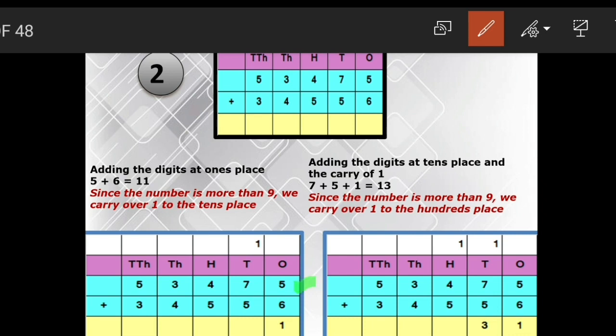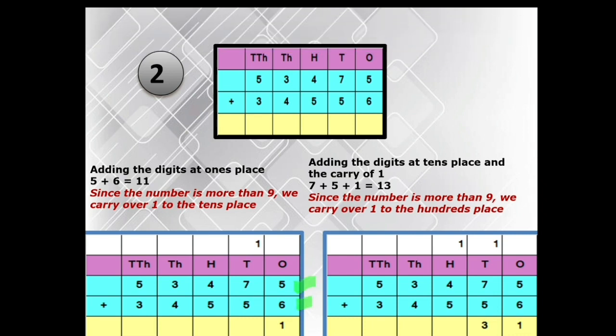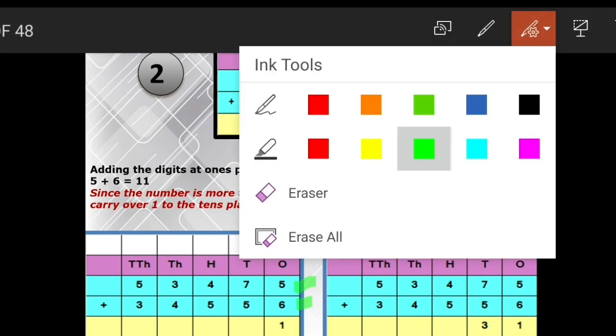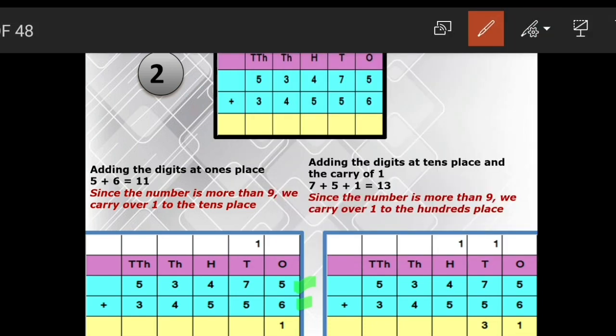So the first step here is adding the digits at ones place. So we will add 5 plus 6. But as you know, 5 plus 6 is more than 9. So what we have to do, we have to carry 1 to the tens place, because 5 plus 6 is 11. So 1 we will write here just above the tens numbers and 1 here.